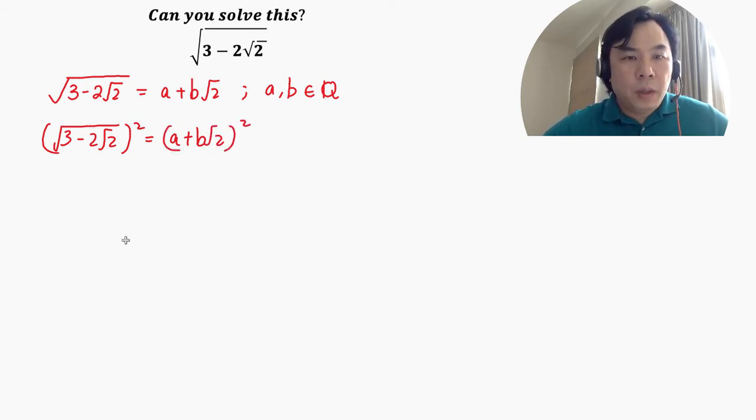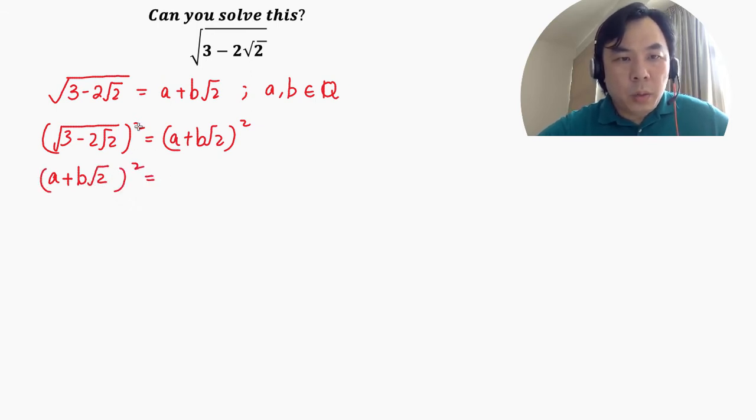From here, you will notice that I'm going to swap the position here. There's a square, and then we managed to get rid of the square root. The intention of the square is to neutralize the square root.